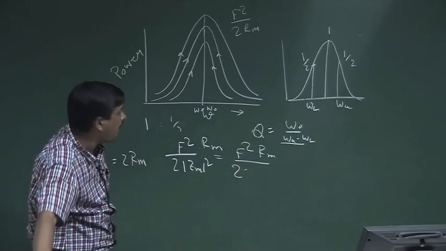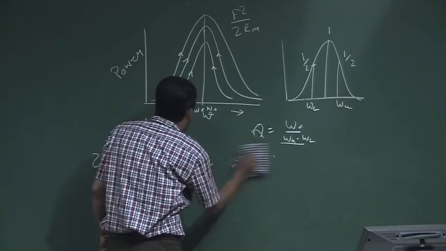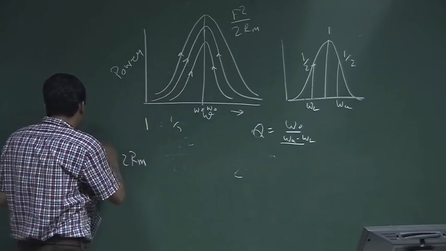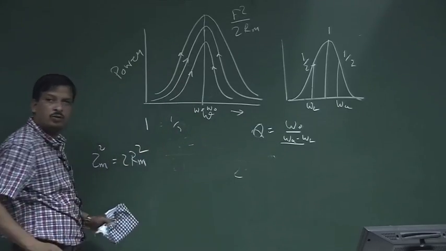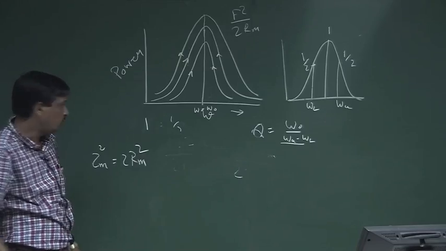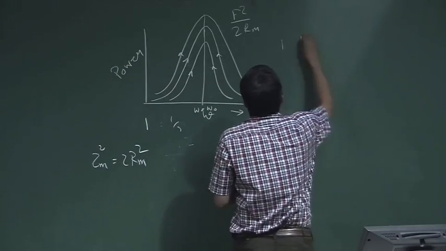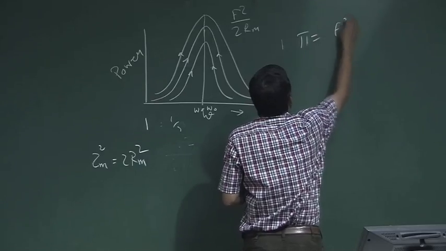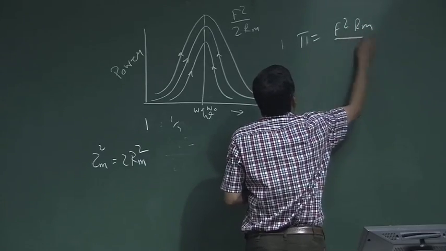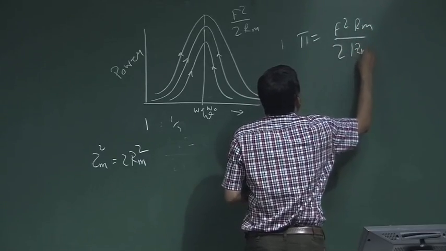If it is half power, then Zm square will be 2 Rm square. If Zm square is equal to 2 Rm square, then P is equal to F square into Rm divided by 2 Zm square.